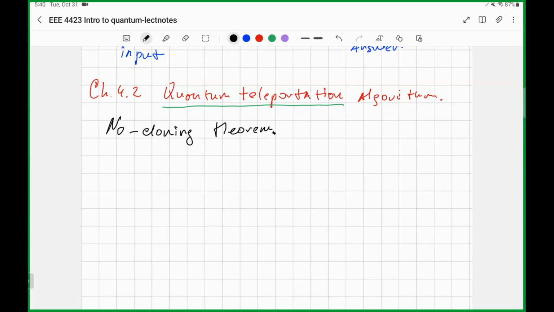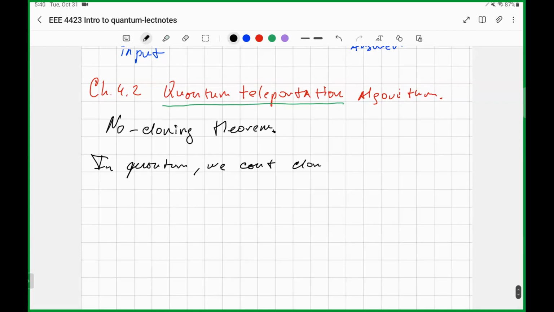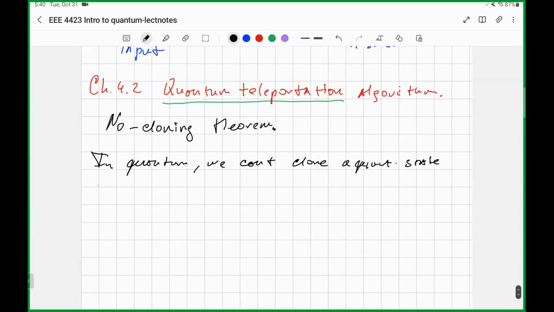So in quantum, we can't clone a quantum state, because of the measurement.